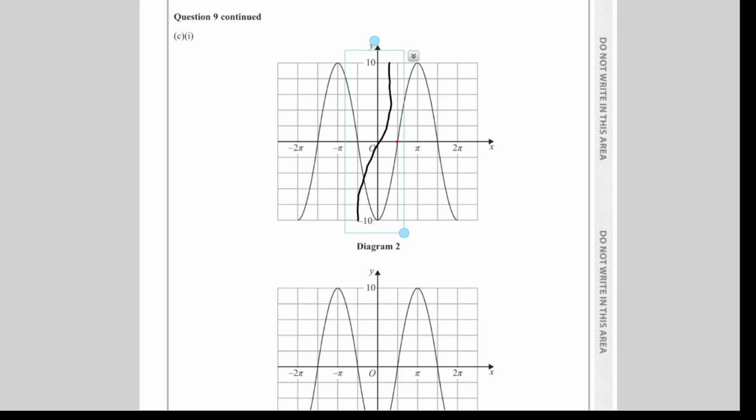So it is a curve from minus 90 to 90, and it passes through 0.